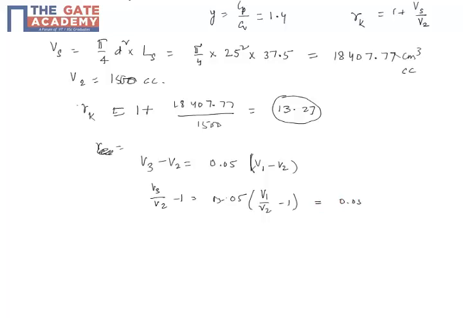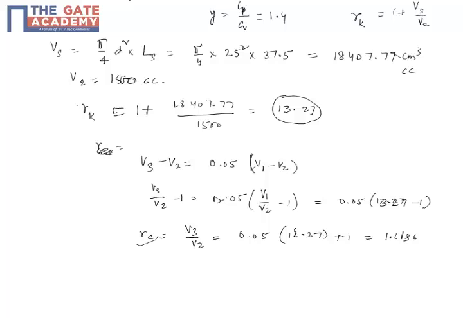So 0.05 into 13.27 minus 1, that is 12.27, and you have to add 1. So V3 by V2 is 12.27 into 0.05 plus 1, which is our fuel cutoff ratio, 1.6136. So that is the cutoff ratio.